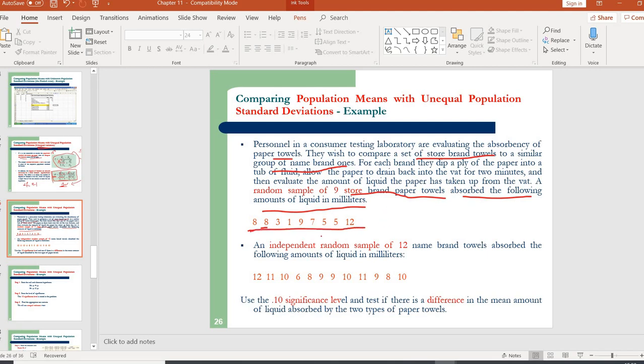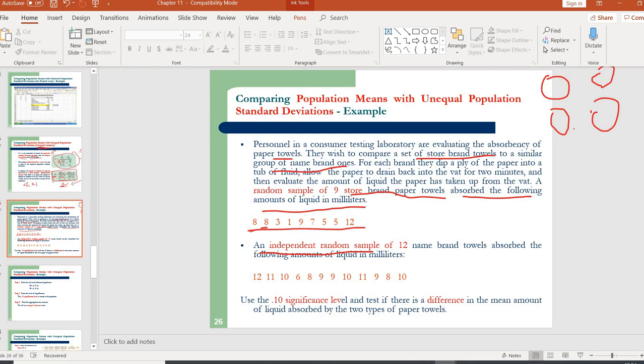So for sample 1, they get this amount of liquid in milliliters. Now, an independent random sample, do you see? We are saying a second random sample, but it is independent. I'm emphasizing that at this level, we are still evaluating the case where you have 2 independent samples, drawn from 2 independent populations, okay?